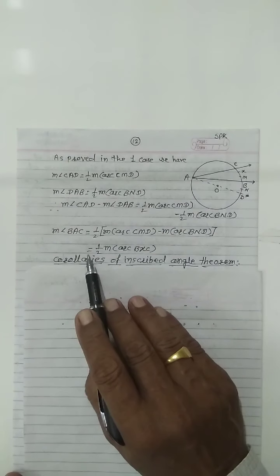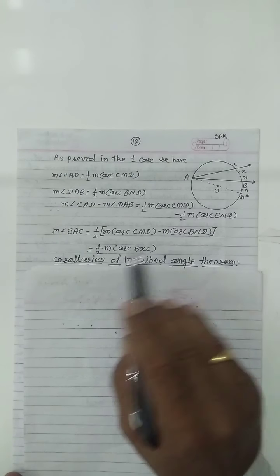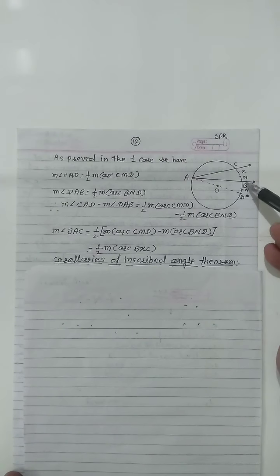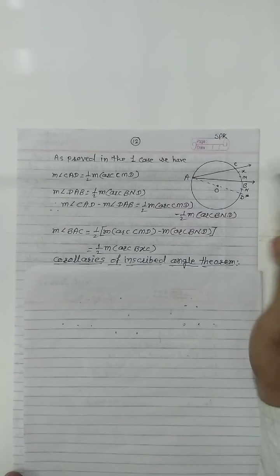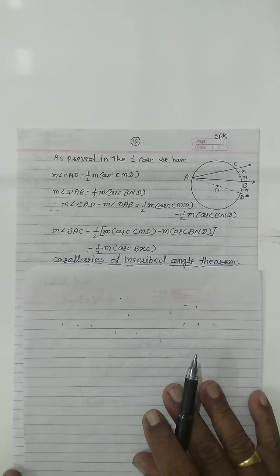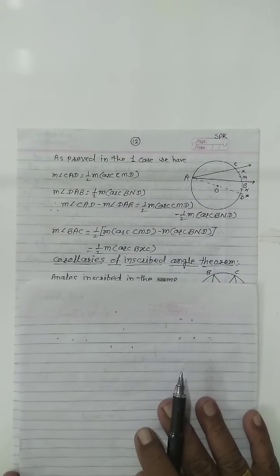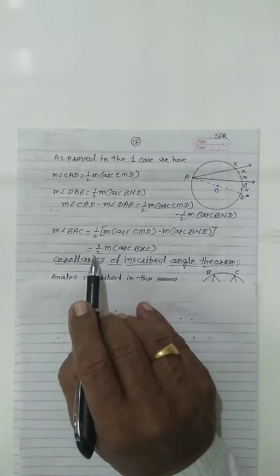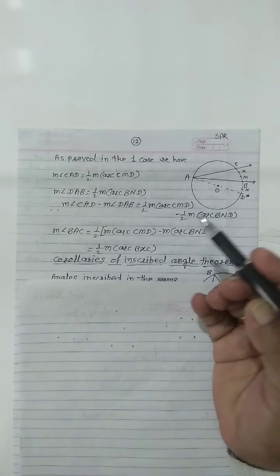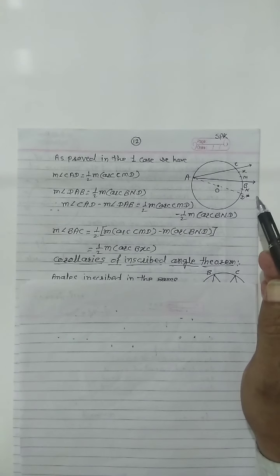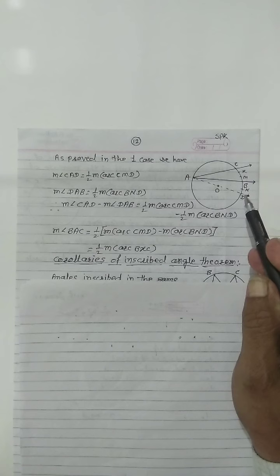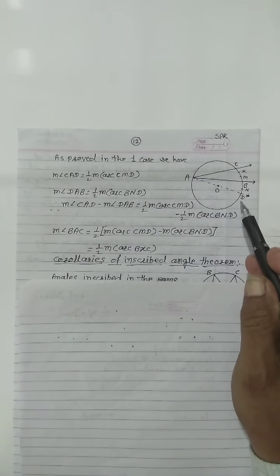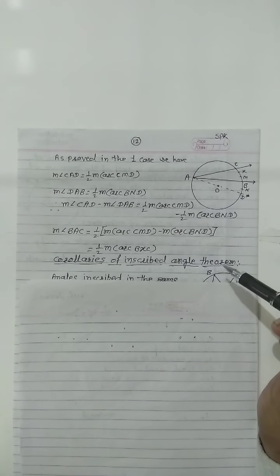We can write the subtraction of these two arcs equals 1/2 measure of arc BXC. This much arc remains. In this way we prove that the measure of an inscribed angle equals half of the measure of its intercepted arc.